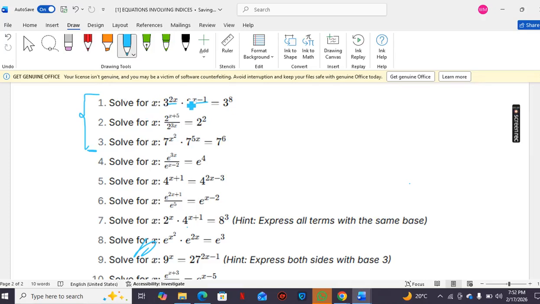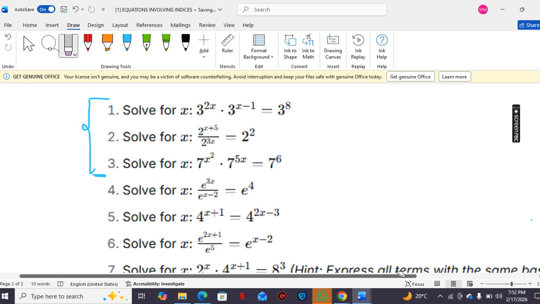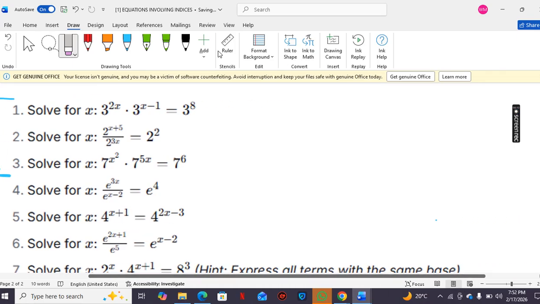Equations here. The first one we have is 3 to the power 2x multiplied by 3 to the power x minus 1 equals 3 to the power 8. Okay, so let me put it aside here.